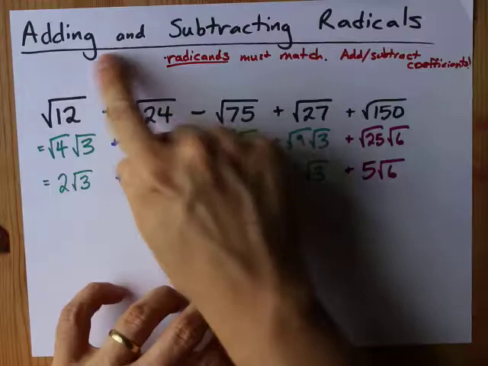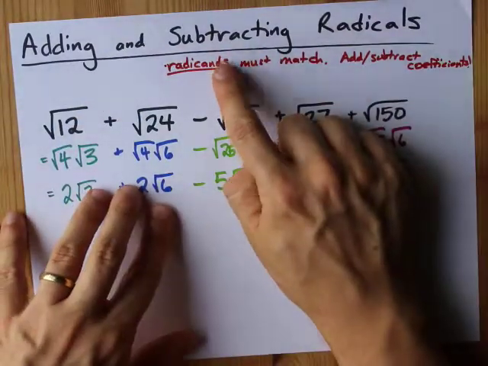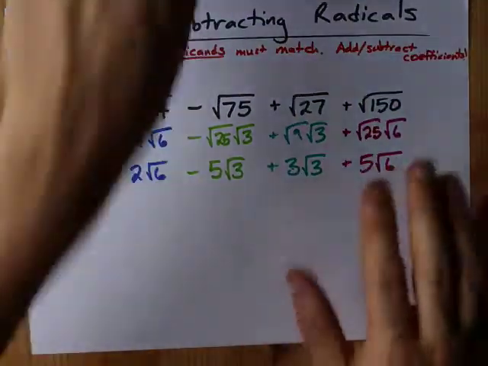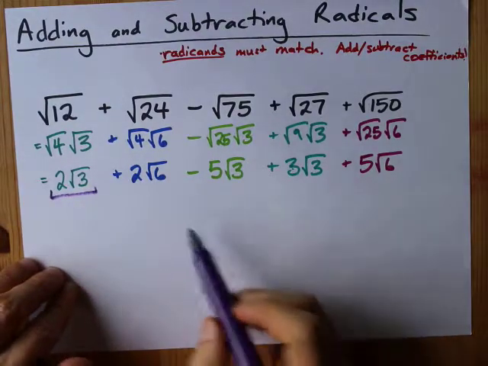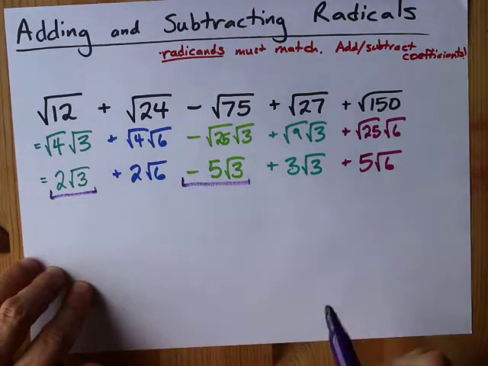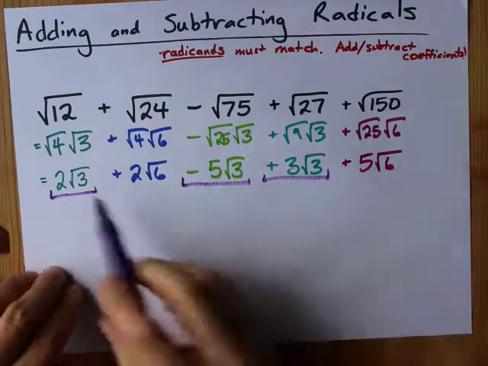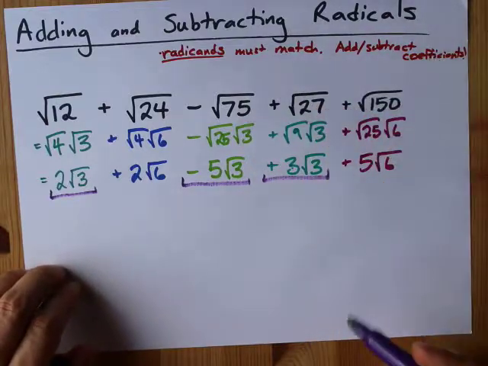Now to add and subtract these, I can only combine the things where the radicands, or the number underneath the square roots, match. So what can I collect here? This 2 root 3 minus 5 root 3 plus 3 root 3. I can combine those because there are root 3's in every single case.